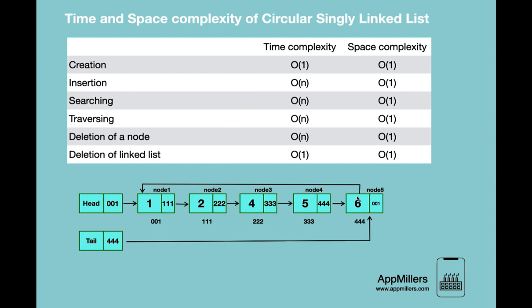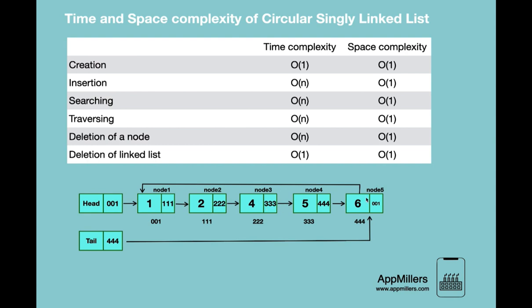Now the next operation is deletion of a node from circular single linked list. Deletion can be in three cases. We can delete a node from the beginning, from the middle, or from the end of circular single linked list. If we delete an element from the beginning, this takes O(1) time complexity.